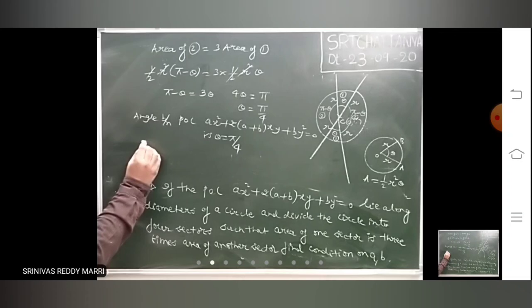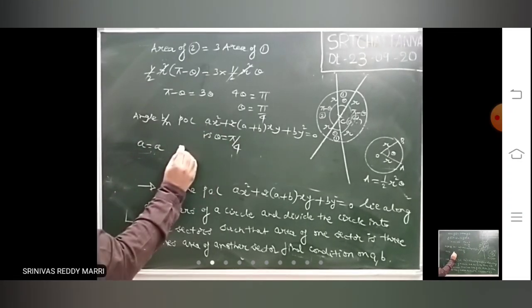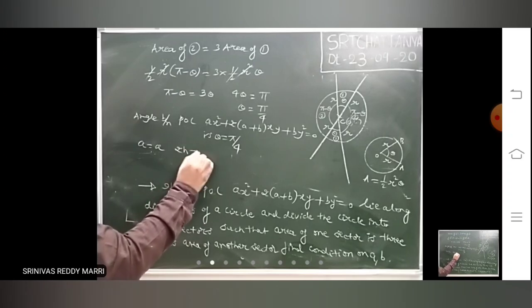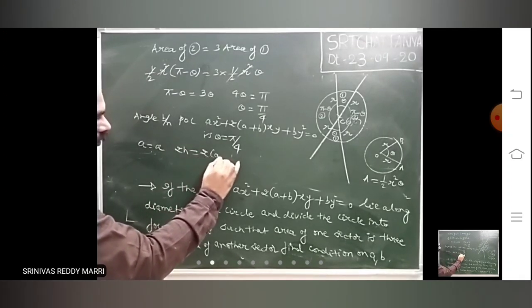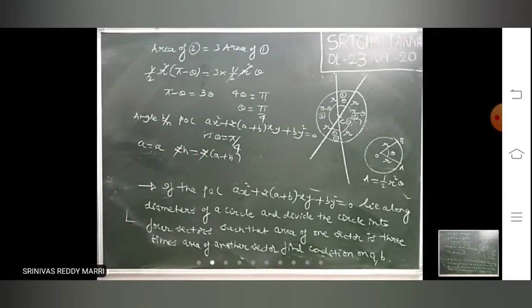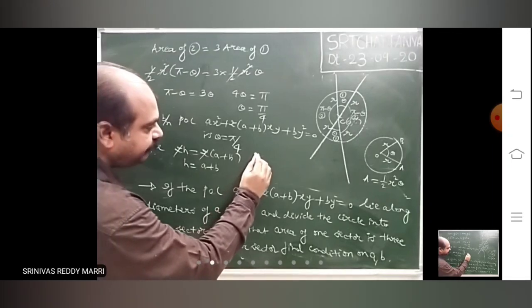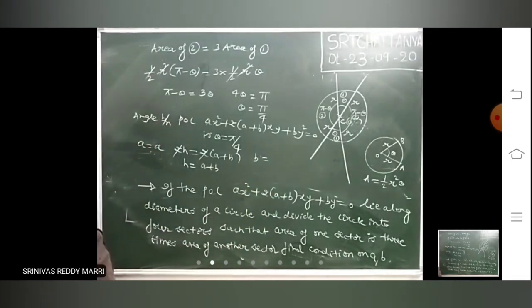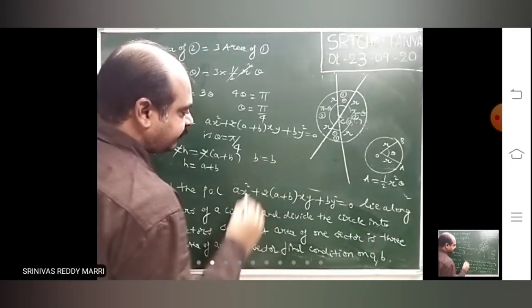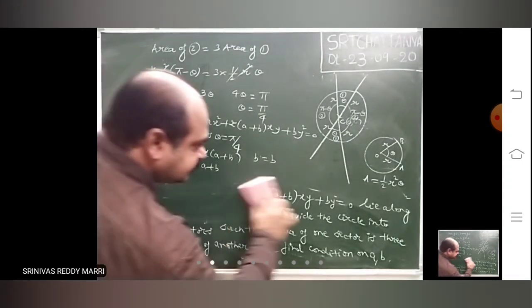So now, what is the formula here? Here a equal to a, 2h equals 2 into (a plus b). 2 to cancel, h is nothing but a plus b. So compare with ax square plus 2hxy plus by square equal to 0. The angle between the pair of lines formula is there.